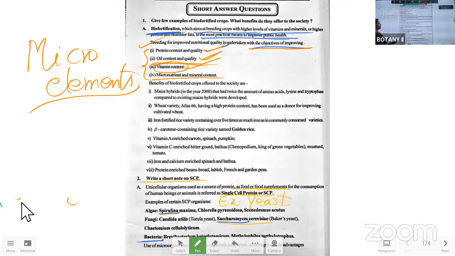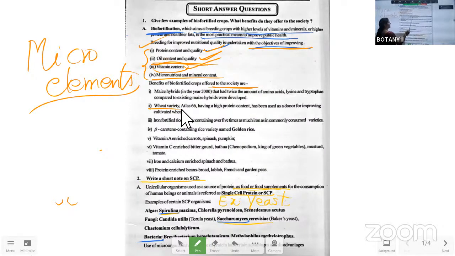Okay. Now, what are the benefits of this biofortification in the society? What are we giving to the society? So in this, we have to give the best examples of the plants. So take out a few plants that you know very well.